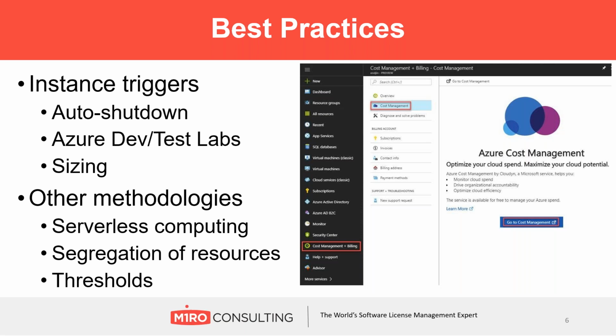It is not about the technical underpinnings of Azure. So what we want to do is tell our audience that these are, in fact, ways in which that Azure environment can be managed in a cost-effective manner.